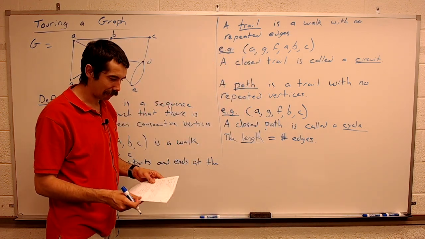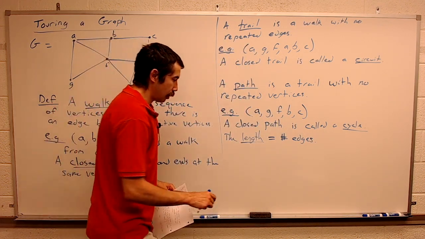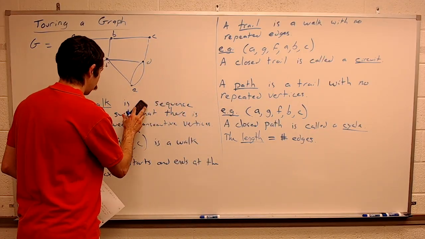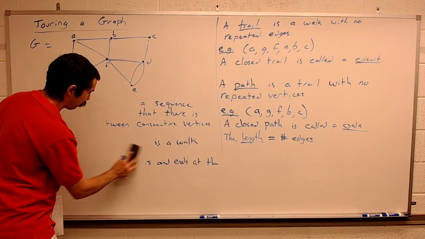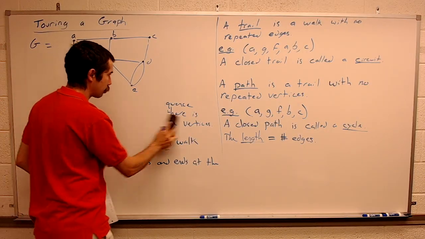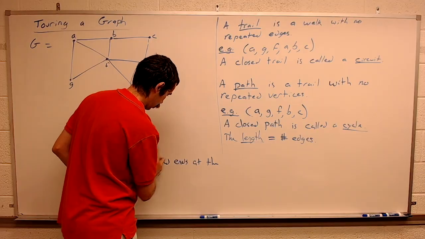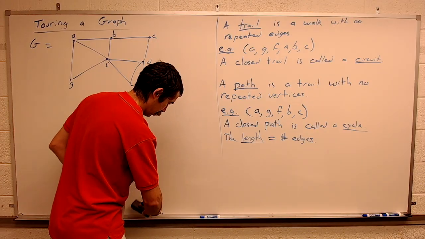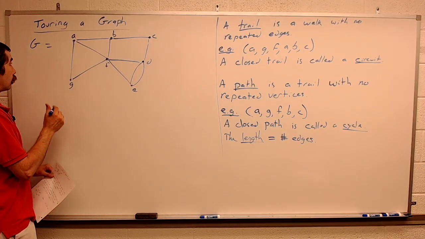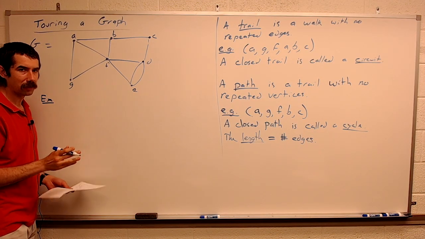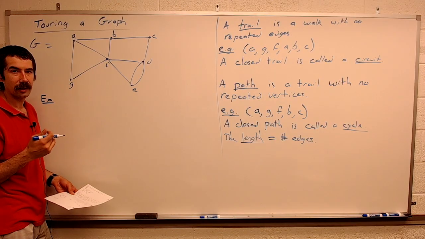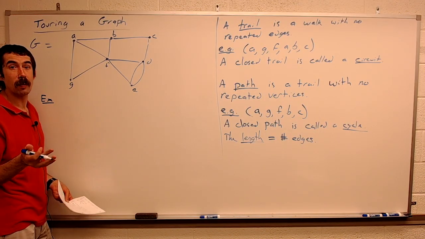All right, so we got a lot of vocab. So let's look at an example here. I'm going to keep our graph because we're going to be using this today. All right, so let's say here's an example. After I write the example, just pause the video and try it on your own, right? Learning is not a spectator sport.